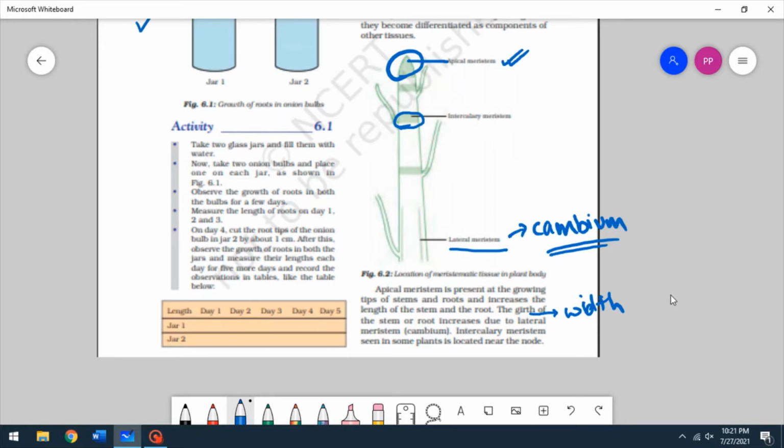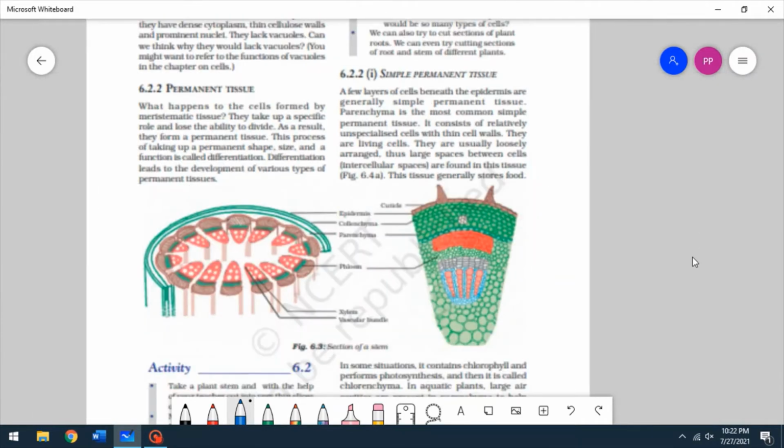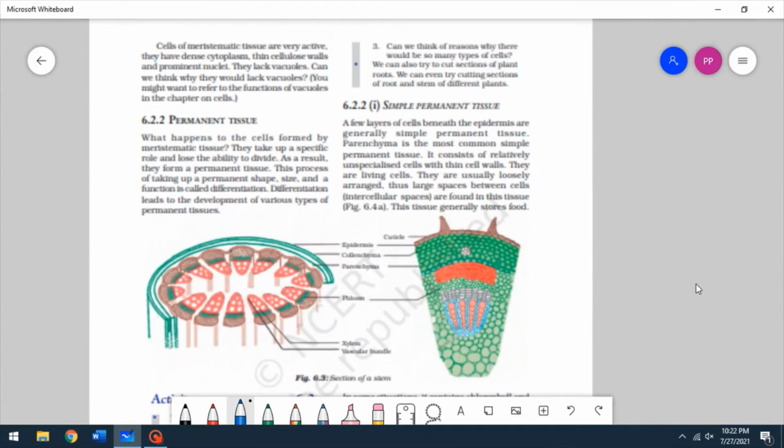So apical meristem is present at the tips of the plants, which causes vertical growth. It causes an increase in the length, and lateral meristem, also known as cambium, causes growth in the width of the plant, and the intercalary meristem is present near the nodes of the plant. Alright, so the cells of the meristematic tissue are very active because they have to keep dividing. You have to understand and relate that meristematic tissue is the tissue that causes growth in plants.